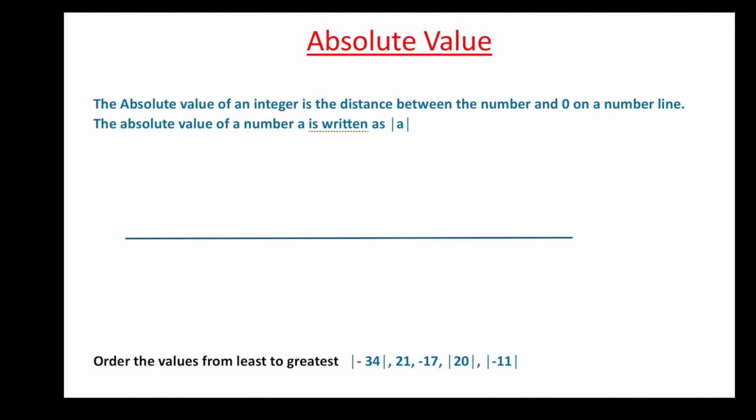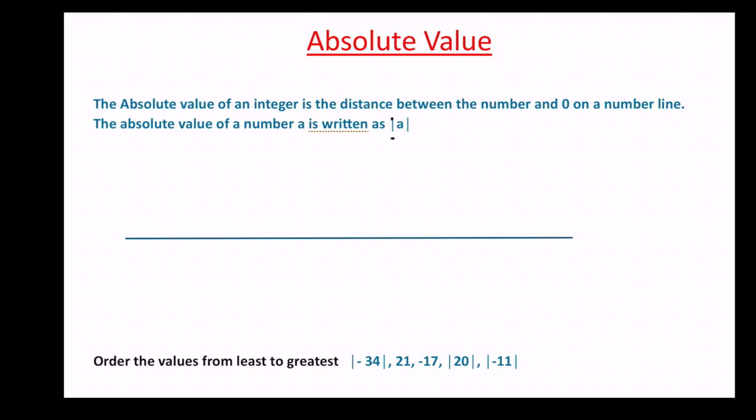Let's talk about the absolute value. The absolute value of an integer is the distance between the number and 0 on a number line. The absolute value is written as these two lines around A. This is mod A. Let's talk about what absolute value is.